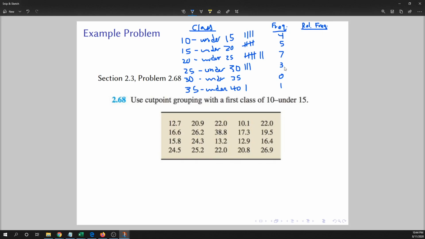Okay, so we would need to add these up. So 9, 16, 19, 20.